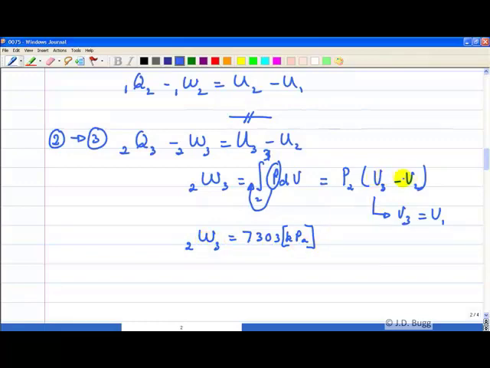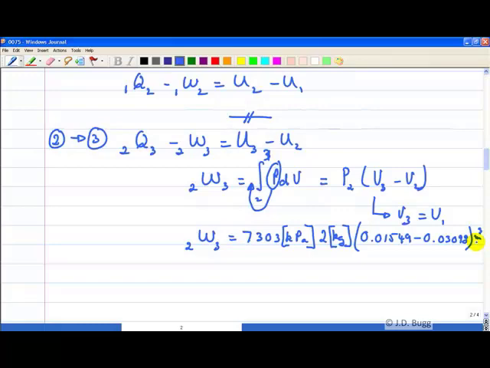Now these are capital V's. All I have available so far are specific volumes, so these need to be multiplied by the mass of 2 kilograms. So I'll put that out front, and then in parentheses we put our two volumes. So this is V1, which happens to be equal to V3, 0.1549, minus just double that, 0.03098.